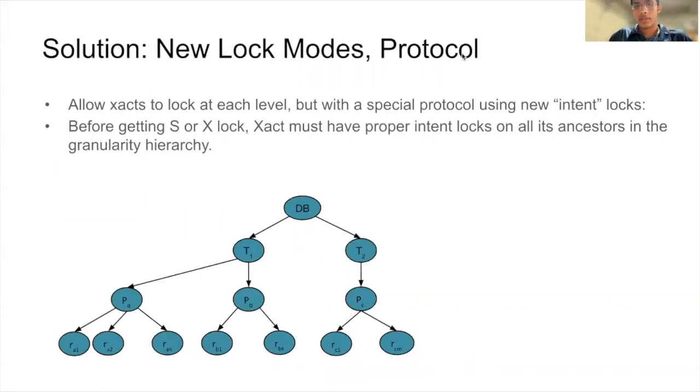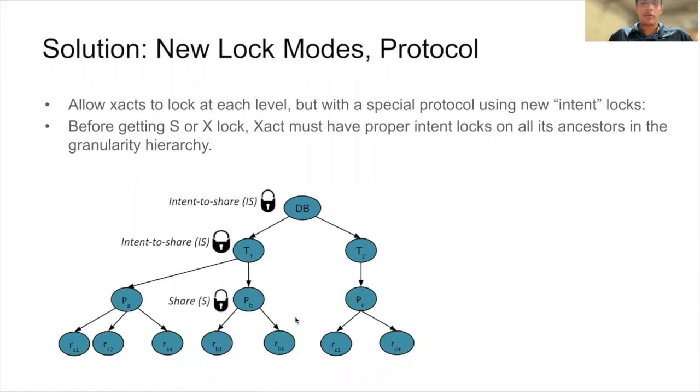Now, the key thing behind the idea of multi-granularity locking will be this thing called intent locks. Intent locks will allow the transactions to lock at each level, but with a special protocol. Basically, before getting your S or your X lock, the transaction needs to have the proper intent locks on all of its ancestors in the granularity hierarchy.